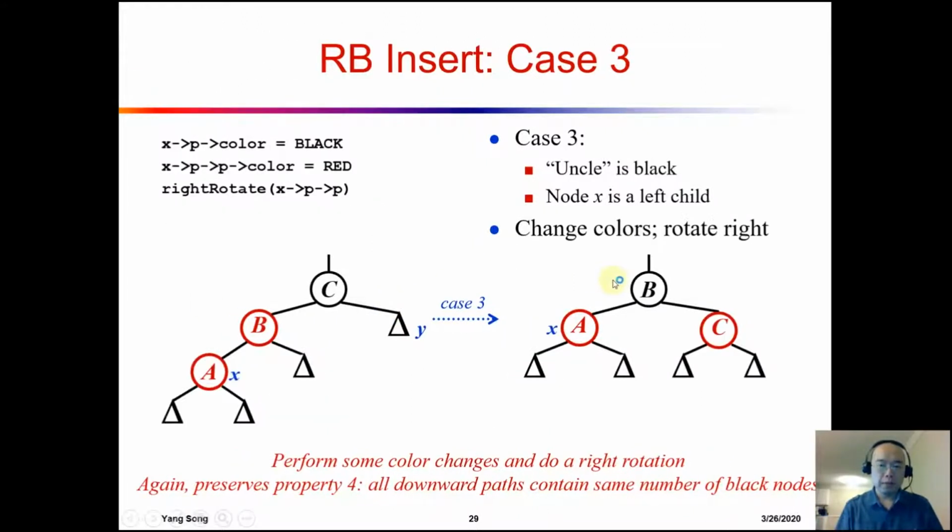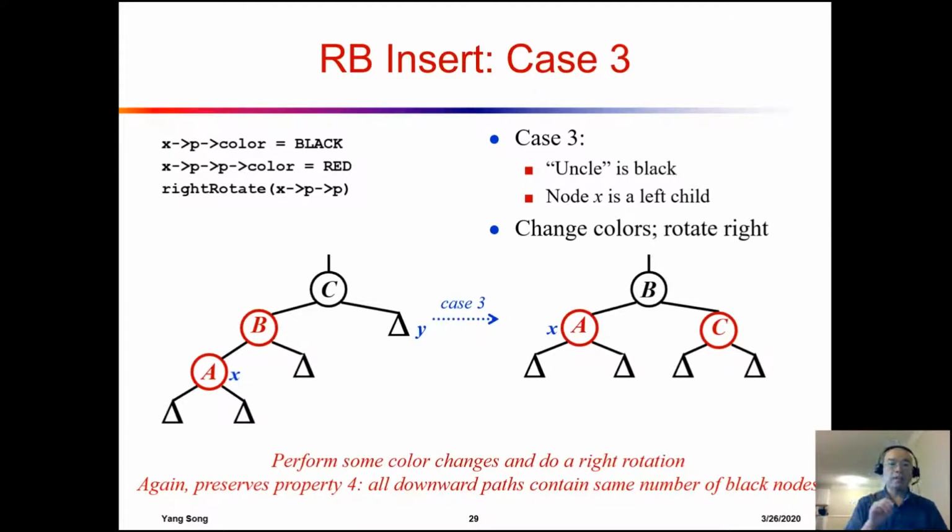For case 3, we have the new node X as the left child, X's parent B is a red node, and X's uncle is black. Now you may find this tree is a little bit imbalanced, right?